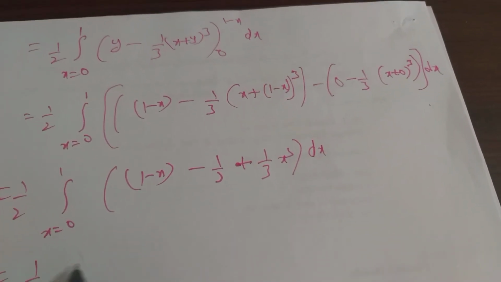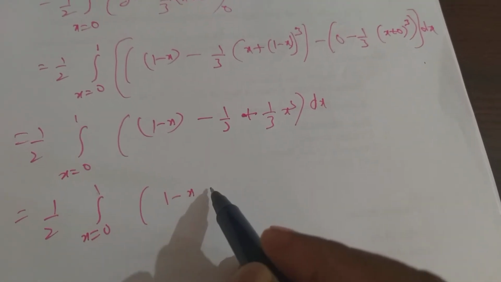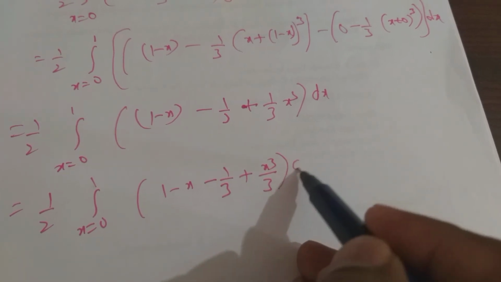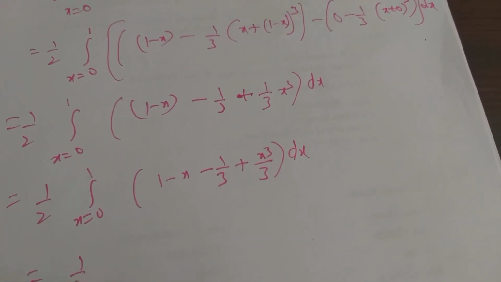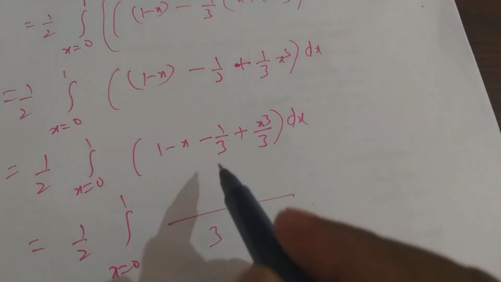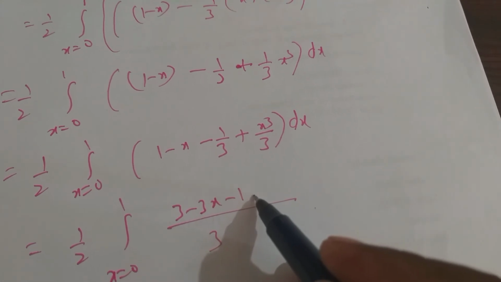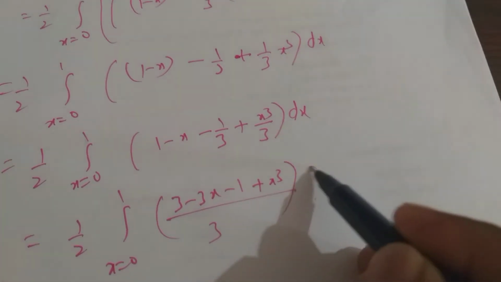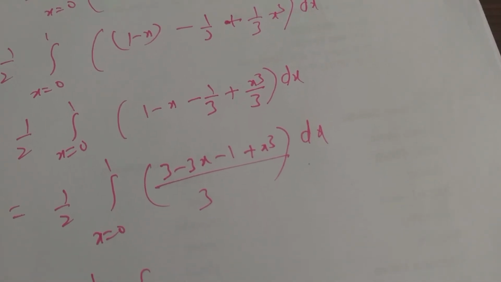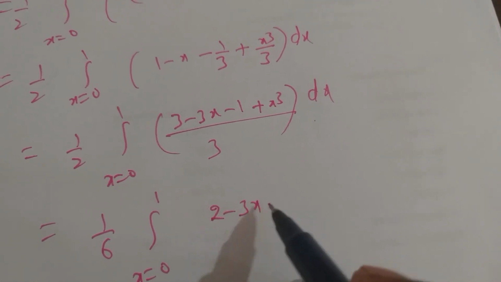So simplifying this, x from 0 to 1, it is 1 minus x minus 1 by 3 plus x cube by 3. Taking LCM, 1 by 2, integrating x from 0 to 1, it is 3 minus 3x minus 1 plus x cube dx. So 1 by 2 times 1 by 3 is 1 by 6, integrating x from 0 to 1, 2 minus 3x plus x cube.